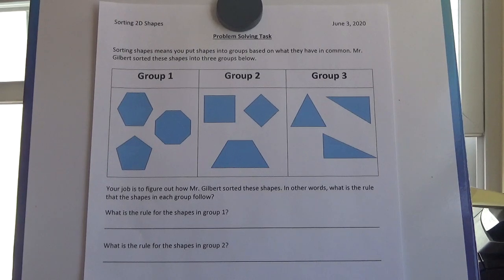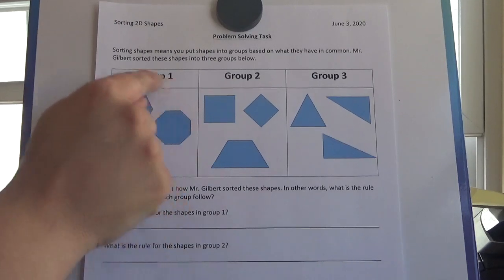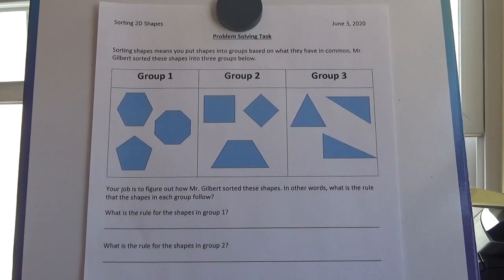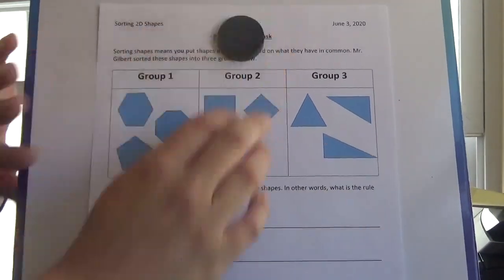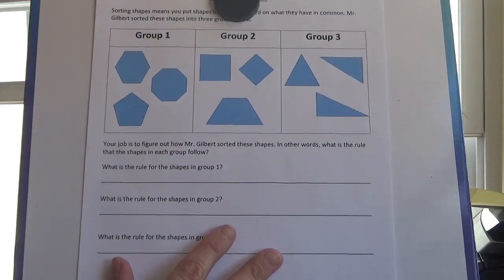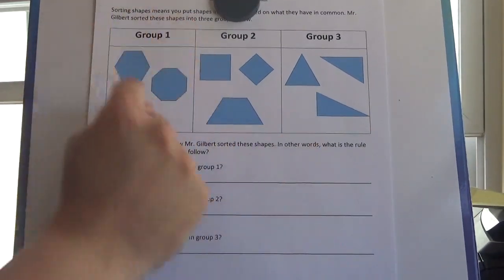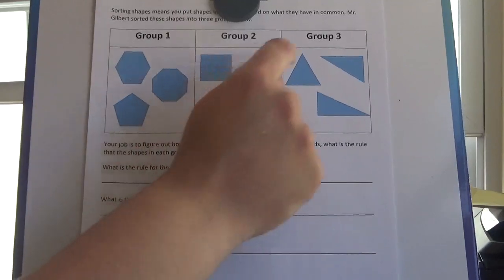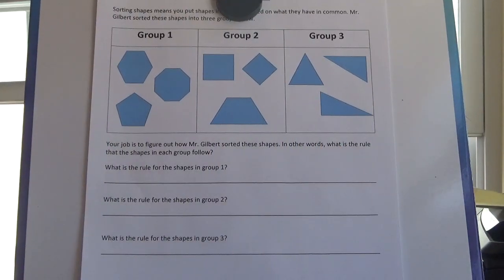So in other words, what is the rule that the shapes in each group follow? So all of these shapes have what in common? All of these shapes have what in common? And all of these shapes have what in common? On your scrap paper that you have in front of you, I want you to write down what all of the shapes in group 1 have in common, in group 2, and in group 3. Go ahead and pause the video and get started on that.